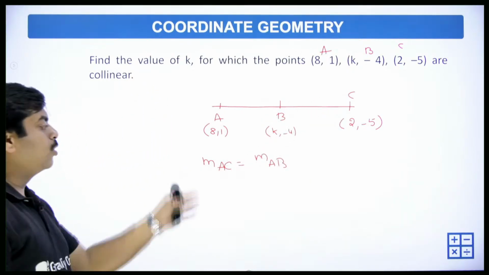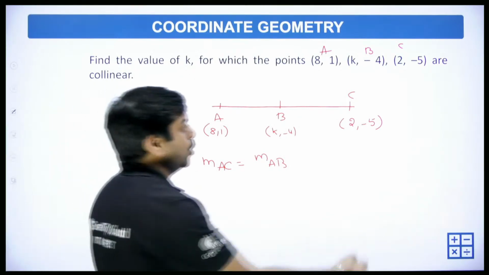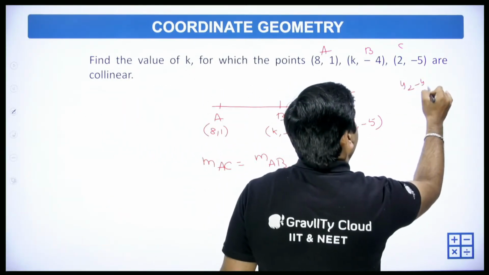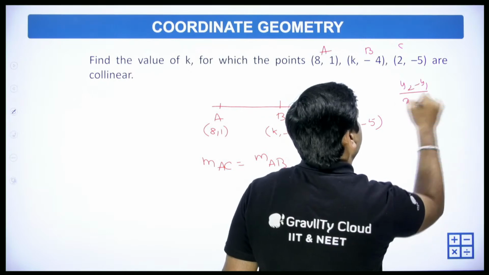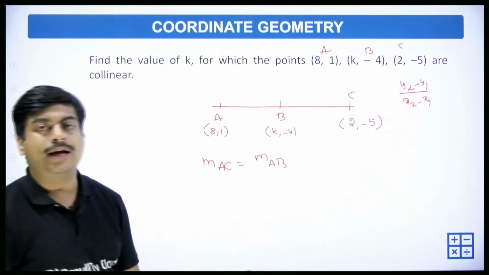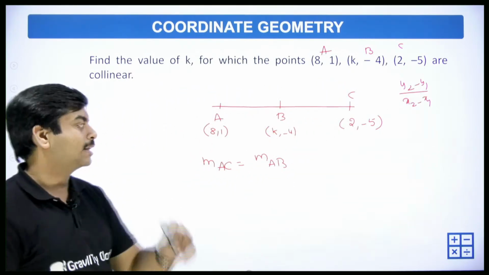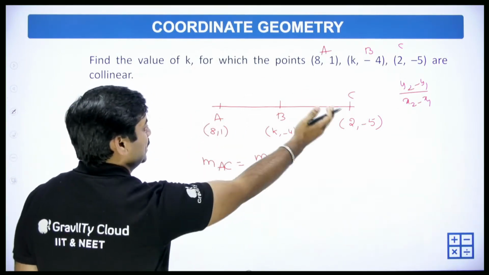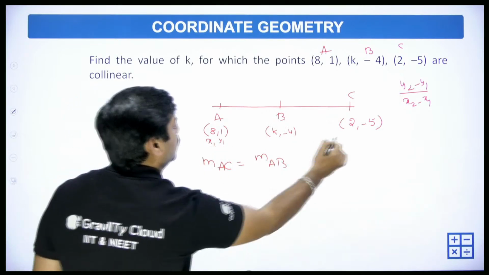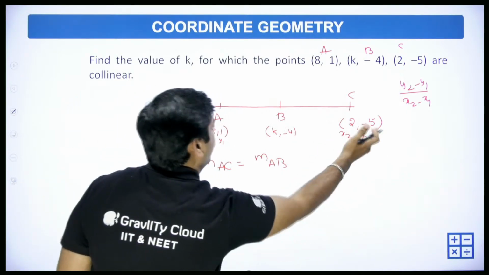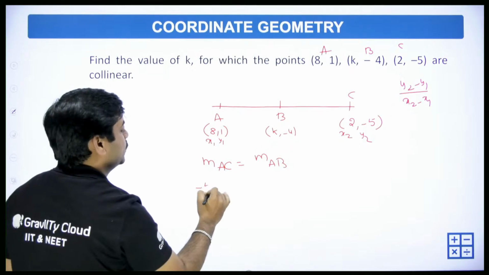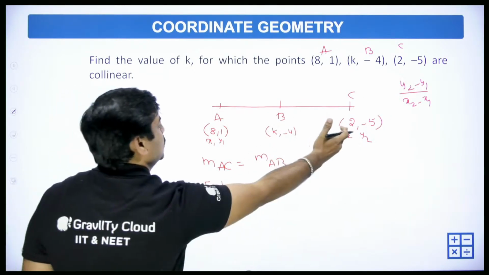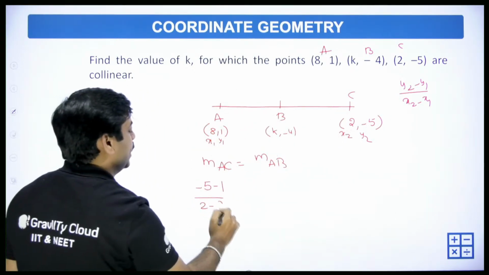So what is the slope of AC? What is the slope formula? The slope of the line joining 2 points is (y2 minus y1) by (x2 minus x1). For AC, that is (minus 5 minus 1) by (2 minus 8).